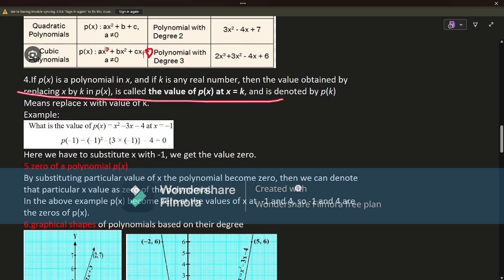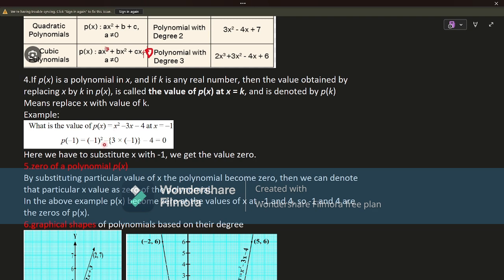For example, see the polynomial P of x equal to x square minus 3x minus 4 at x equal to minus 1. Simply we have to substitute the x value as minus 1 in the given polynomial. We substitute minus 1 in the place of x square, so it becomes minus 1 square.